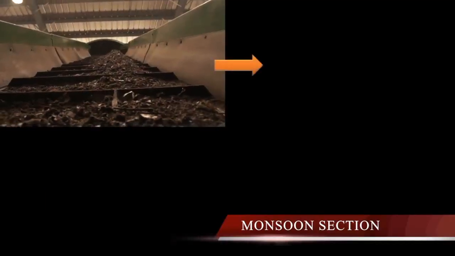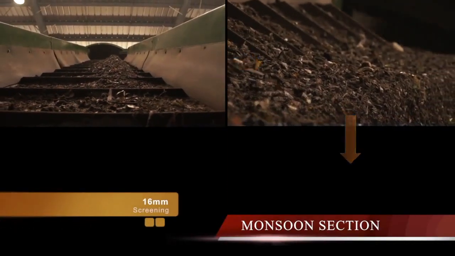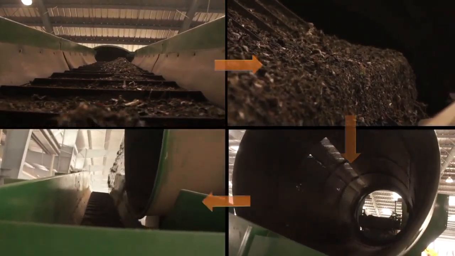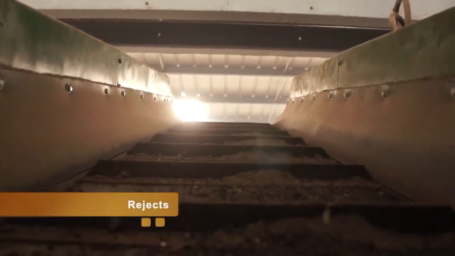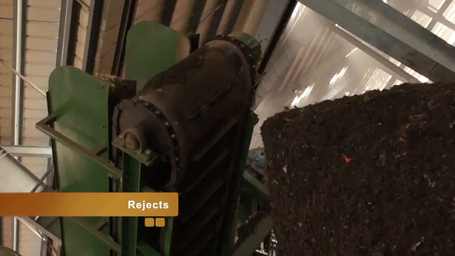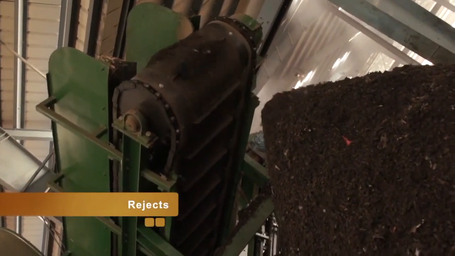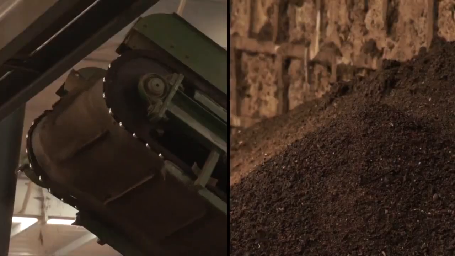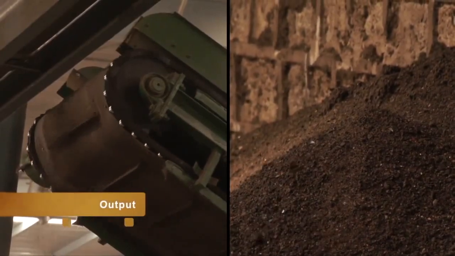Material less than 35 mm is further screened using trommels with screen or sieve size of 16 mm. The material with more than 16 mm size is segregated and briquetted for cement industries as fuel. The material less than 16 mm is stored in the curing section for final screening and curing.